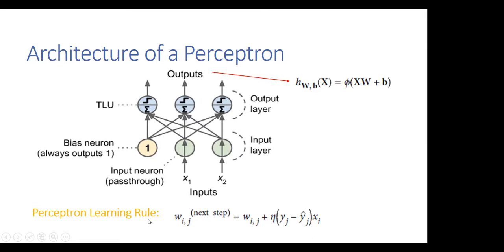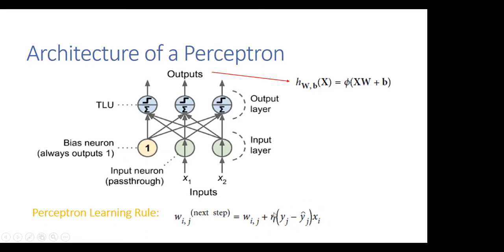And the learning rule for a perceptron is updating weights in order to reduce the loss. As you can see, Wij is the W of input i and output j, and we will update the previous value of the W with the new one.